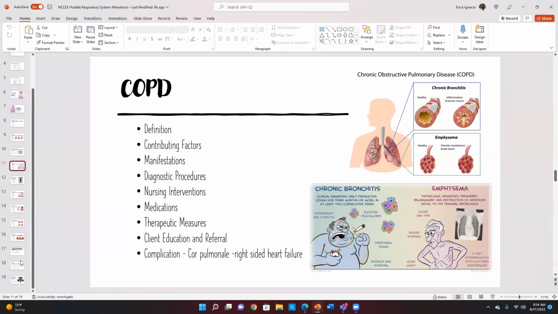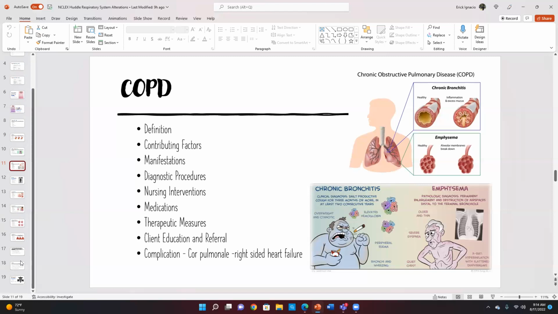Okay, complication of COPD, and this is something that is important to understand, which is right-sided heart failure caused by pulmonary disease. And this right-sided heart failure caused by pulmonary disease is known as cor pulmonale.